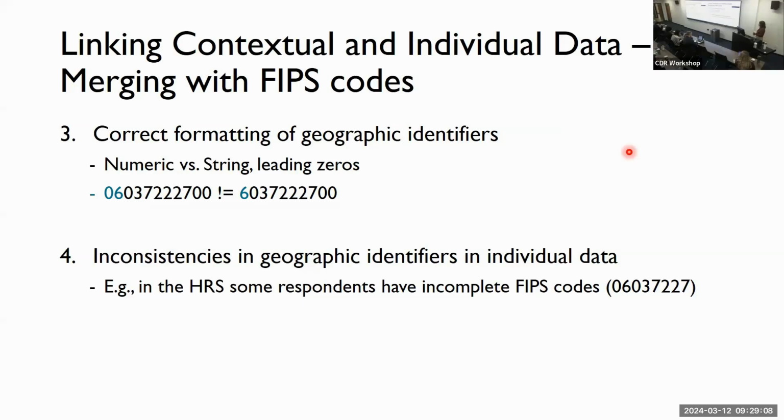And so that's something also to keep an eye on, that you might have some stragglers that you can't capture because you can't assume that they're living in one census tract versus another. Whereas perhaps if you're doing a county or a state level merge, you might be able to capture these people in your linkage.